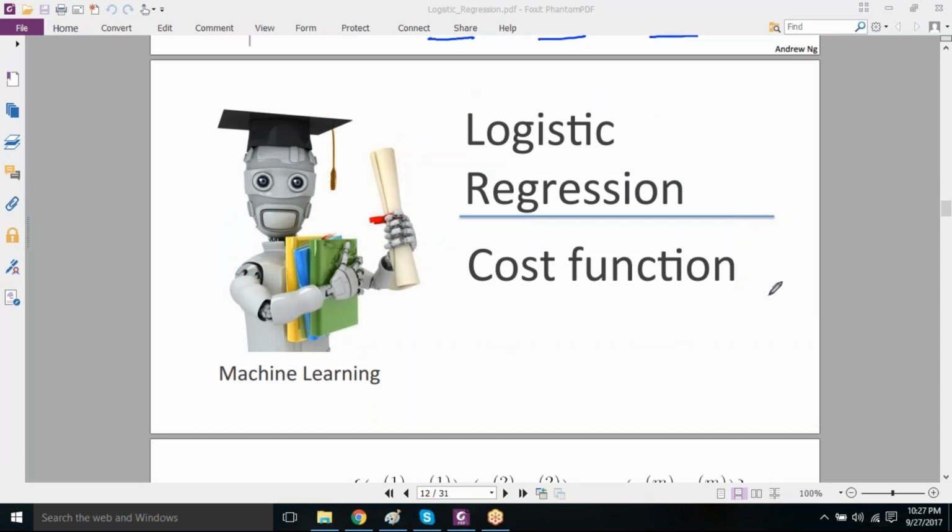I will repeat my stance. In both linear regression and logistic regression, we have to find theta naught and theta 1. Basically we have to find the line. But the objective is totally different.